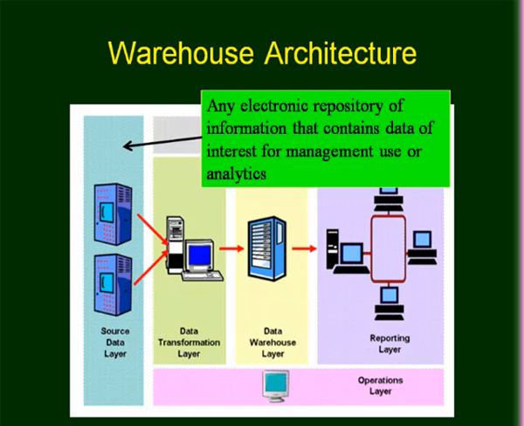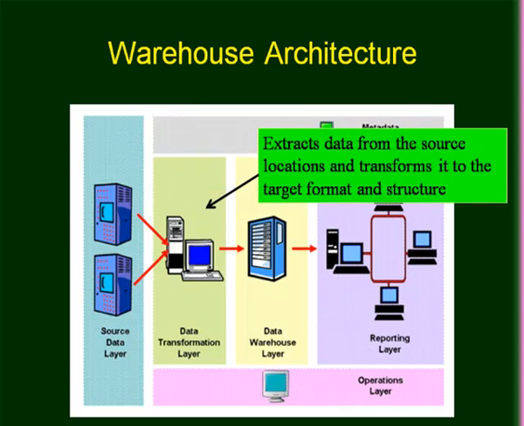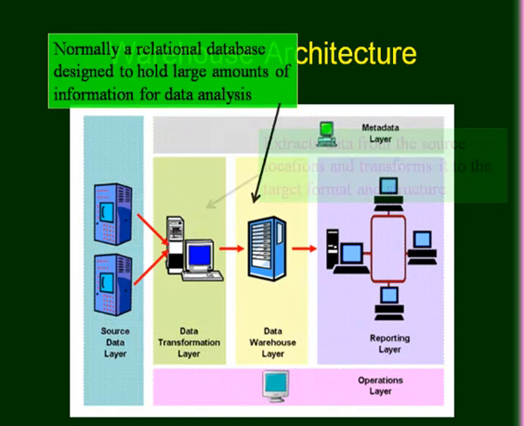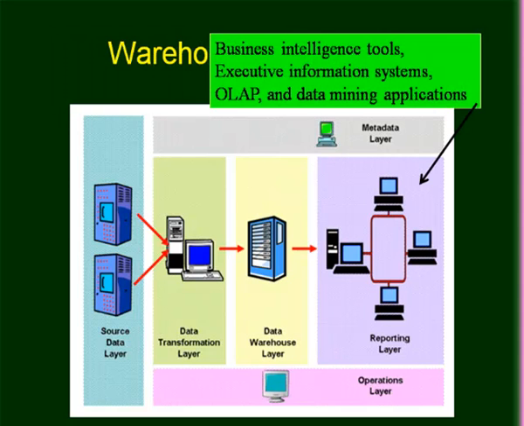So all these are nothing but our sources. Then the data transformation layer basically extracts data from the source locations and transforms it into the target format and structure. And the third one is the data warehouse layer, normally a relational database designed to hold large amounts of information for data analysis. So this is our data warehouse.